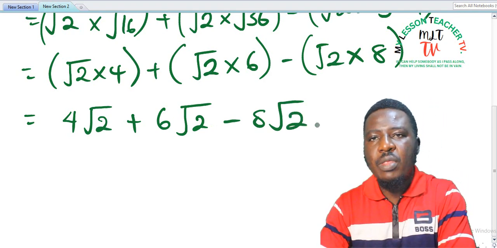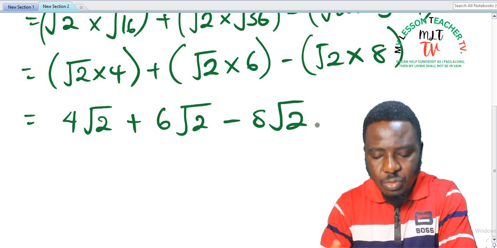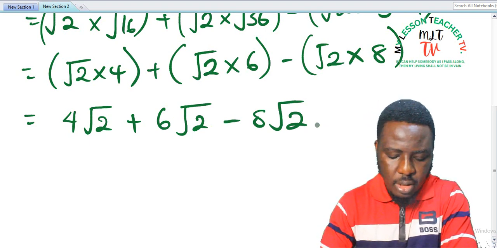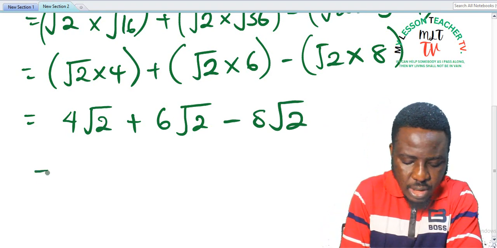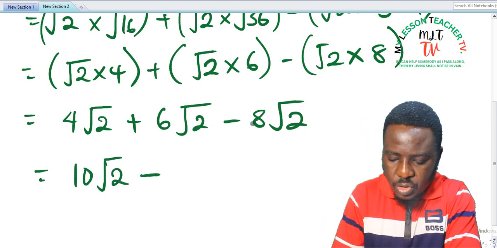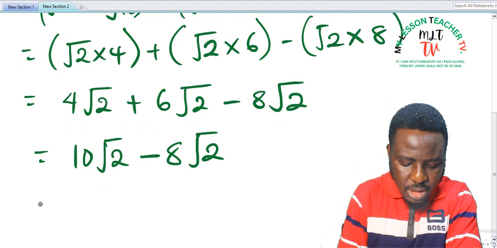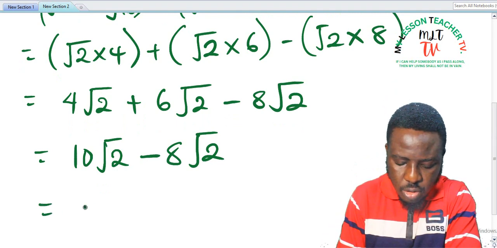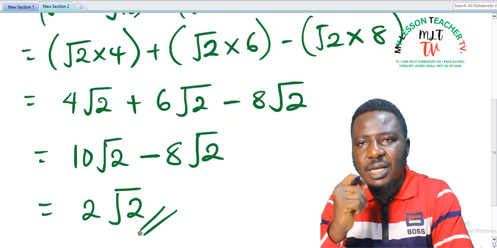So they are all now in their basic surd forms and they are similar. So we can add and subtract one from the other. So 4 root 2 plus 6 root 2 can be said to be 10 root 2, then minus 8 root 2. And when you subtract this, it gives us 2 root 2 as our answer.